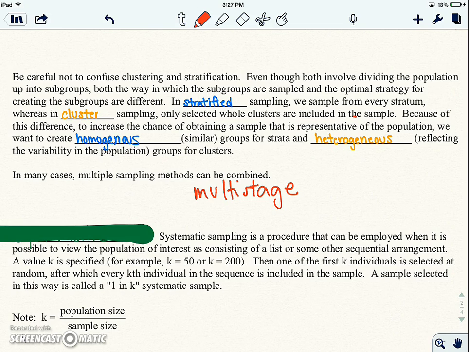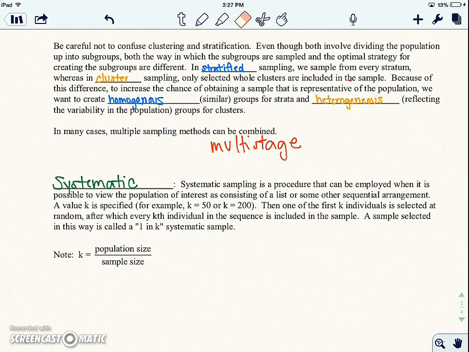All right. The next one, and everybody remembers this one, is systematic. Systematic sampling is a procedure that can be employed when it is possible to view the population of interest as consisting of a list or some other sequential arrangement. So we have a good sampling frame, or a formal sampling frame.